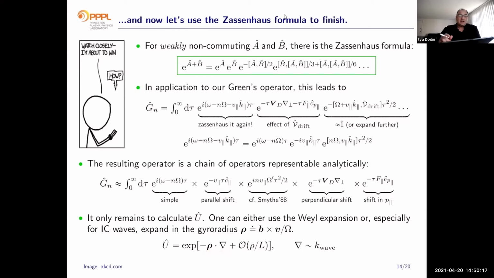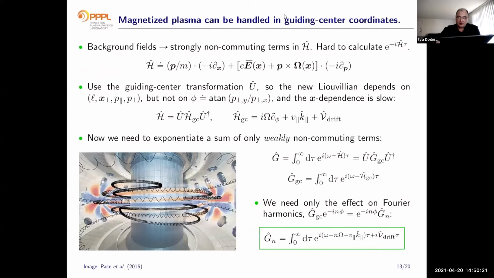No, I'm saying that you separate the guiding center motion and this u. Then you calculate the guiding center motion separately. It doesn't involve any rapid oscillations. It doesn't know anything about the wave. This operator couldn't care less about the oscillating field. And all the large gradients are now absorbed in this operator u.